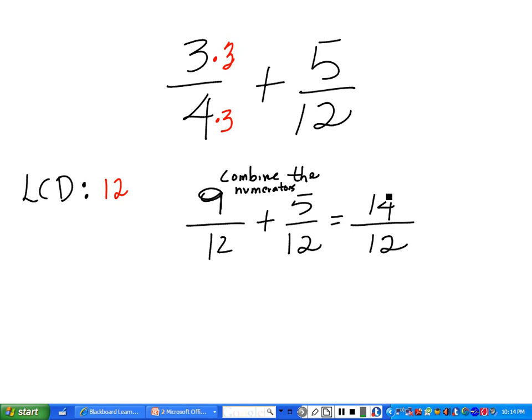So we usually put a line through 14 and say 2 goes in 14 7 times, 2 goes in 12 6 times. So the answer is 7/6. Normally in Math 100 we keep the fraction as an improper fraction, and we do not change this improper fraction to a mixed number.